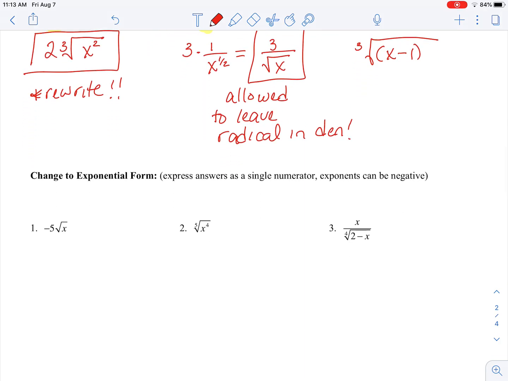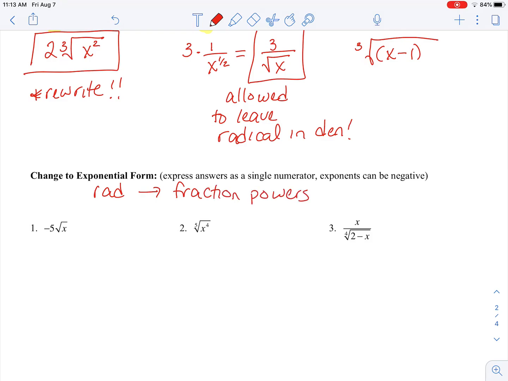In the next batch of examples, we want to change to exponential form. So this is another skill that we have to know, how to take a radical and write it as a fraction power. So we can think of these as radical to fraction powers.